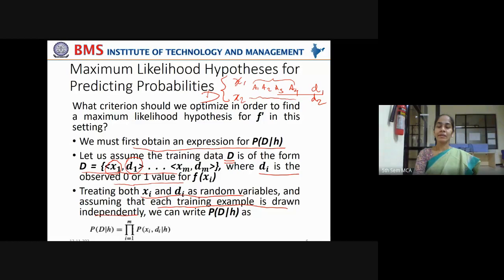Say I toss a coin 2 times, a 2 coin toss experiment. When I toss the coin for the first time, either head or tail may appear. When I am tossing the coin for the second time, the outcome of the first coin toss doesn't affect my second coin toss outcome. Did you understand? I'm repeating again.